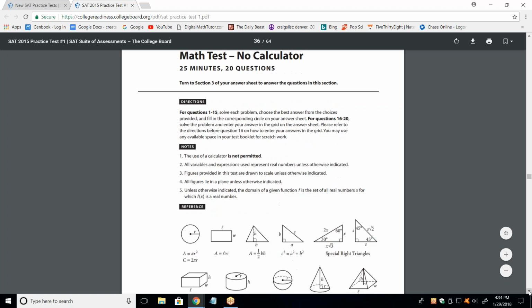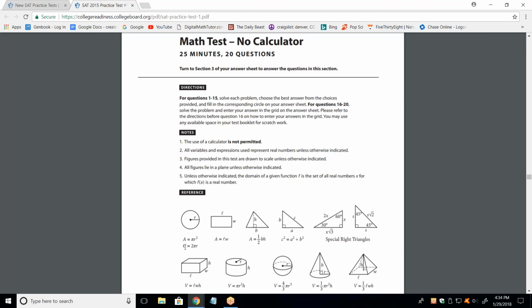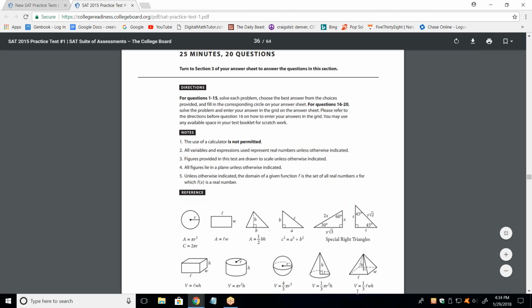Okay. Now, each math section, I believe, begins with these pictures, these geometric figures, and the important formulas that you need to know, like the area of a circle, the circumference of a circle, the area of a rectangle, the area of a triangle. You should actually know all of those.